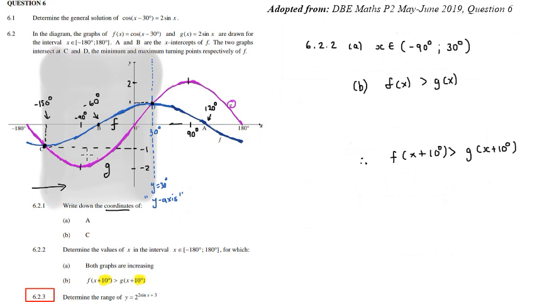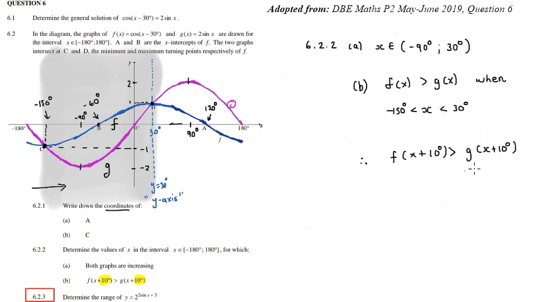Now let's think about, is it included or not included? Well, there's no equal sign there, so it's not included. So for this first condition, this happens when x is in between minus 150 degrees and 30 degrees.